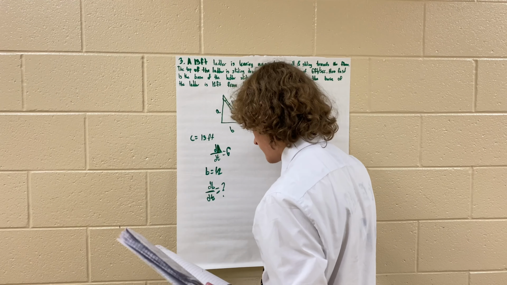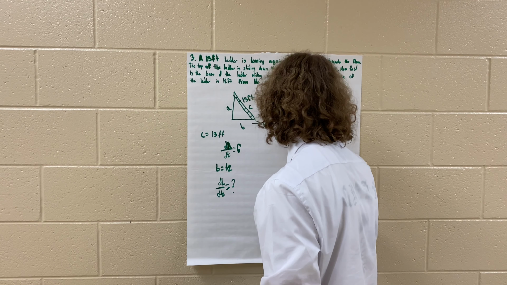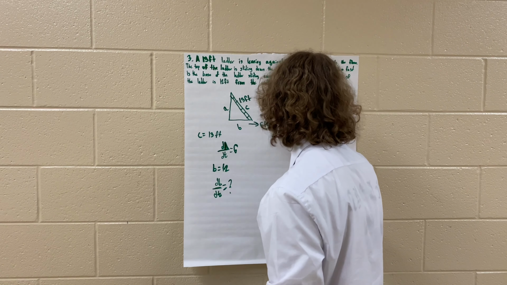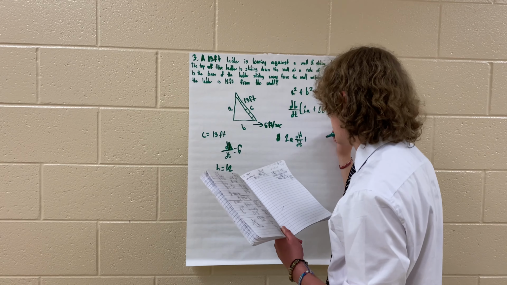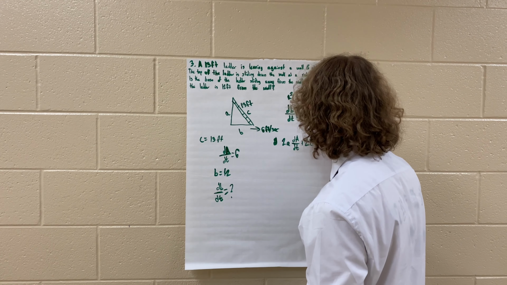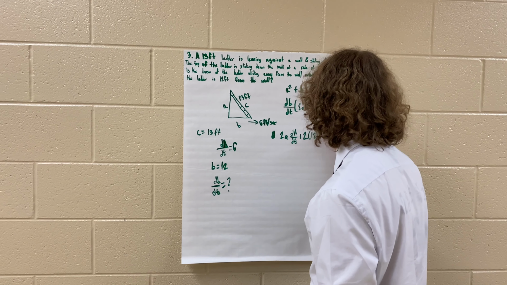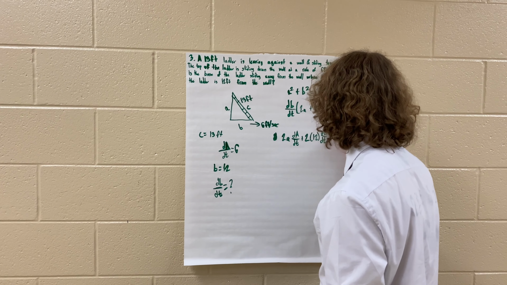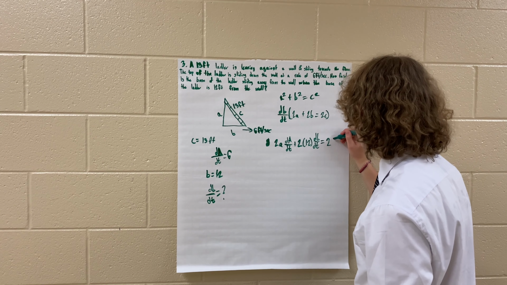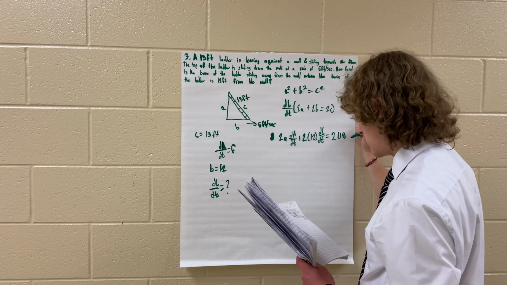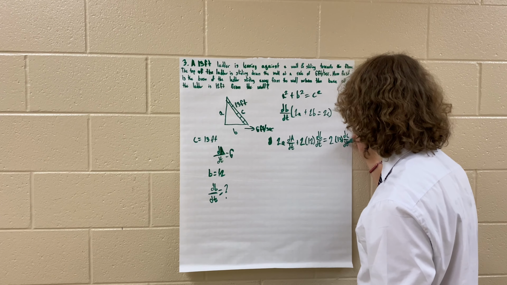So first of all, since I don't know a, 2a times dA over dt, plus 2 times 12, which is b, times dB over dt, equals 2, and c is 13, times dc over dt.